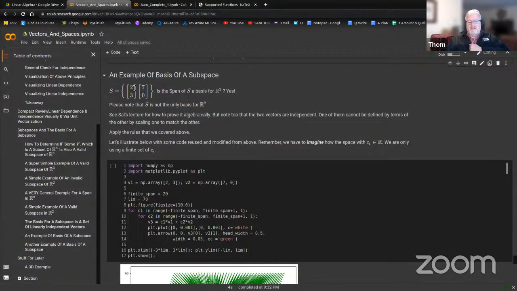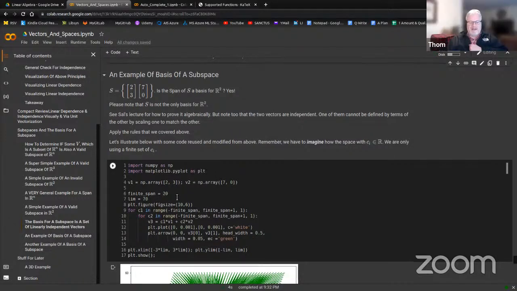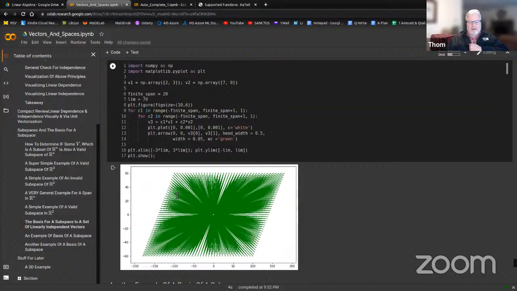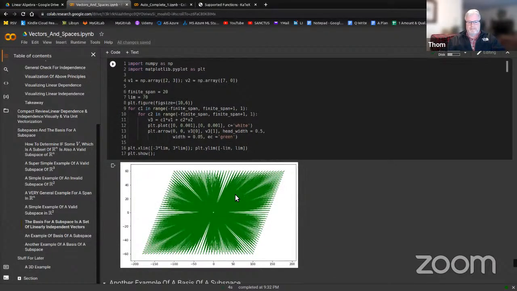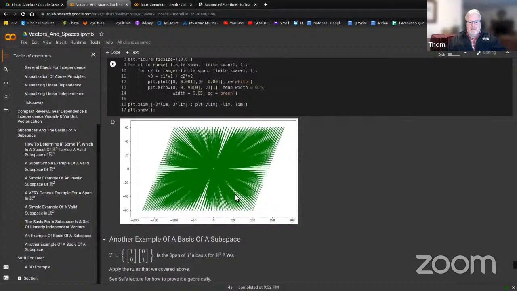So first, I'm just going to do the span of these. Now, finite span again. Remember, we call it finite span, and I'm just doing the span of those two vectors, and this is what it looks like if we do it in integer steps.